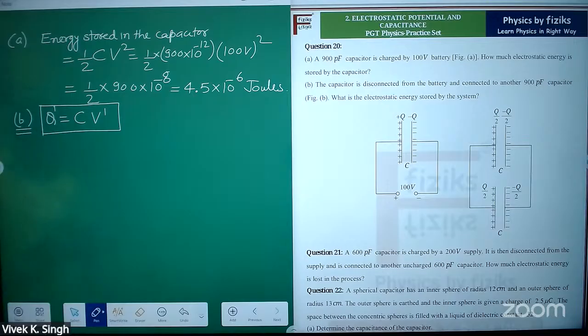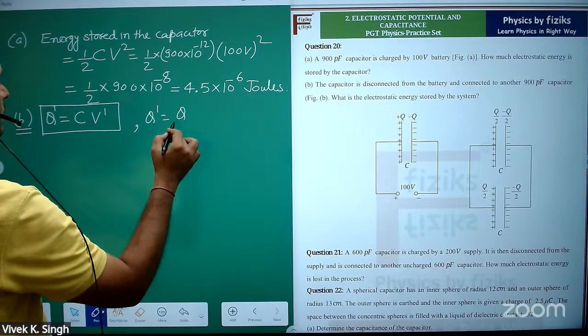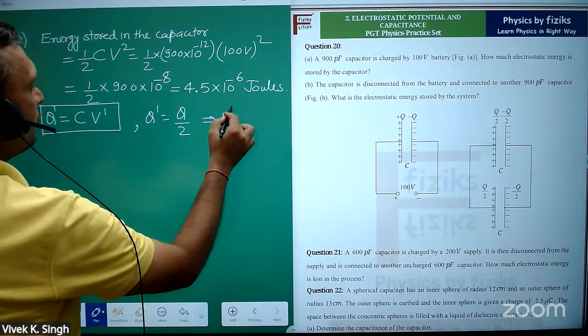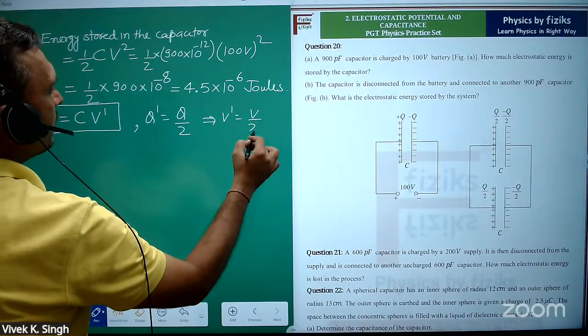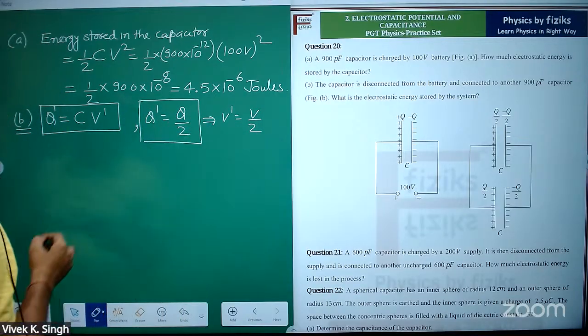And because the total charge is fixed, Q dash is Q by 2. So this will give you V dash is V by 2. From charge conservation, you get Q dash is Q by 2. So Q by 2 plus Q by 2, the total charge will be Q.